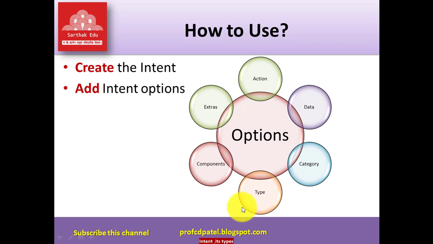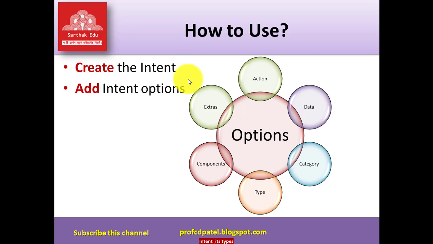Another part is type, that is the specified explicit type of intent data. Component is the name of an optional field and it may represent an activity, service or broadcast receiver.